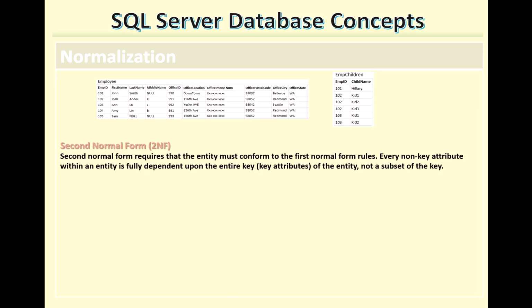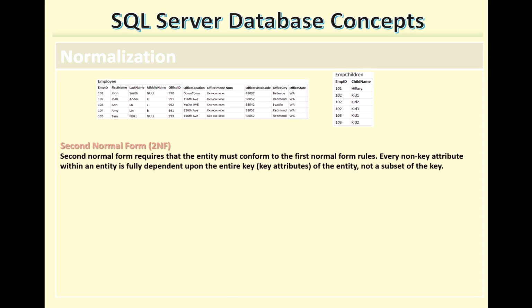The second normal form says the entity should follow the first normal form, and every non-key attribute within an entity is fully dependent on the entire key. The entire key is nothing but a key that represents the entire record, or what we call the primary key. We sometimes call it the whole key as well.